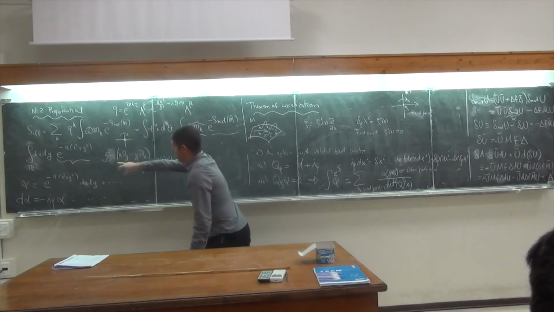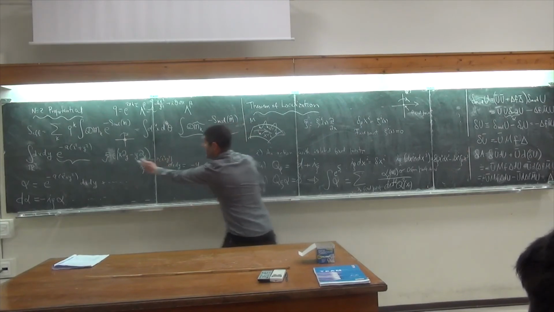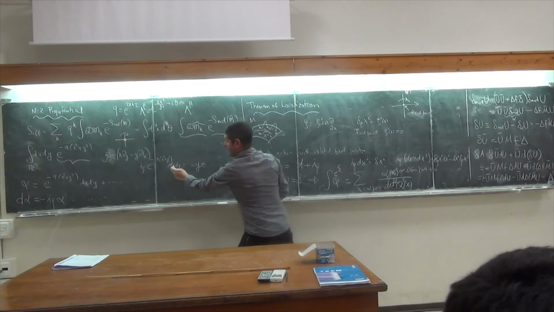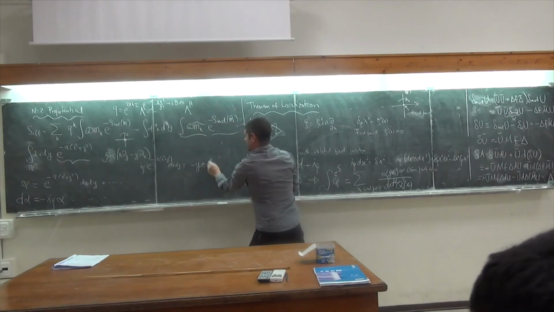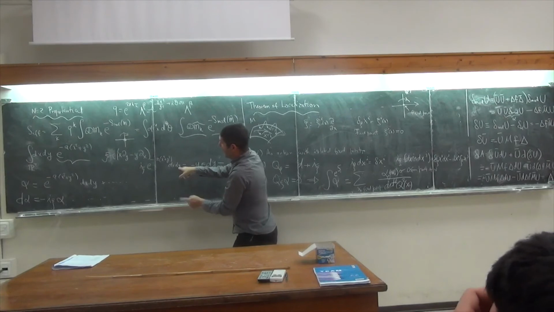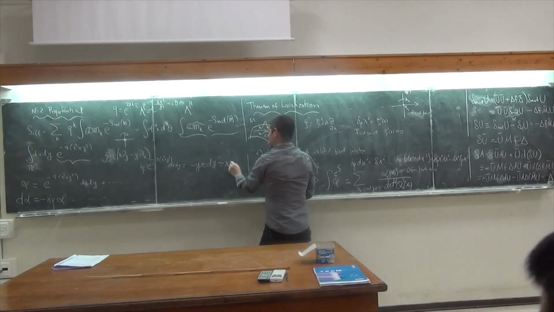This is a rotation of epsilon. Therefore, this will be minus y epsilon. I replace the dx by this component, minus epsilon dy. And then I replace dy by these components, x epsilon.